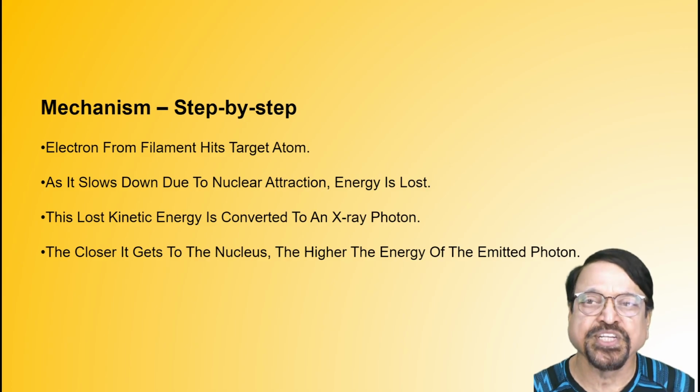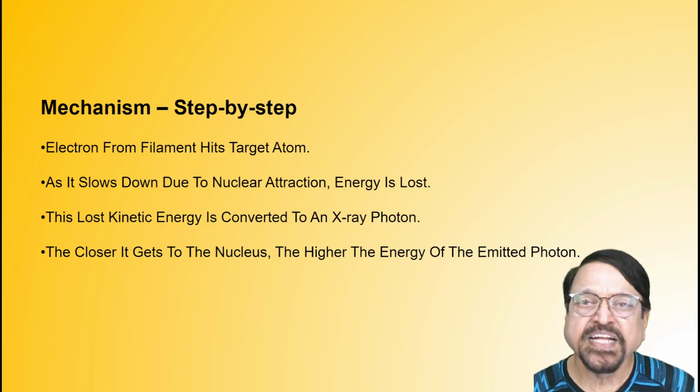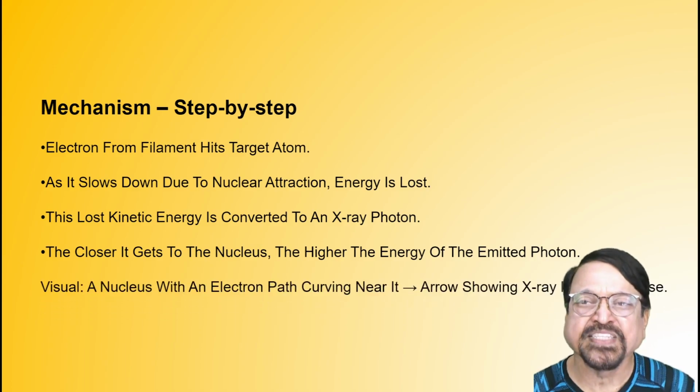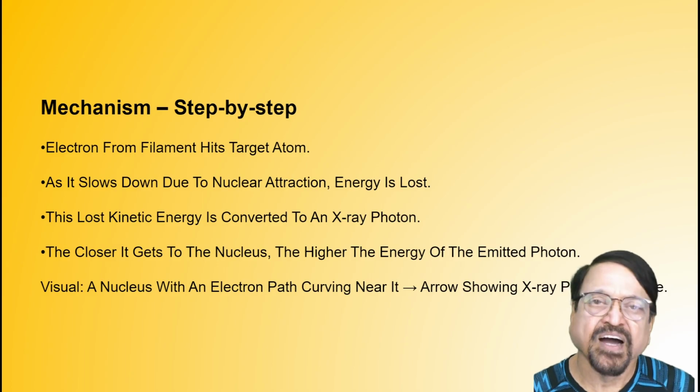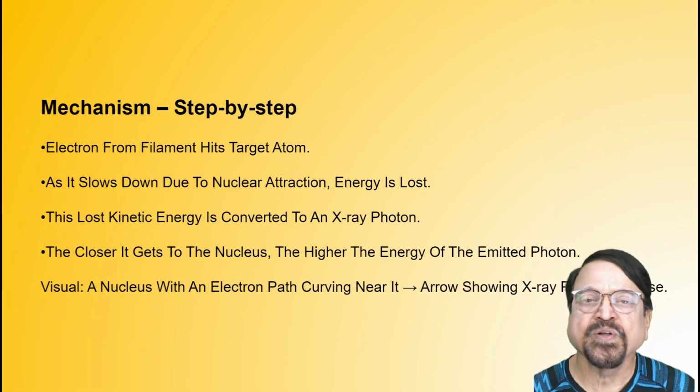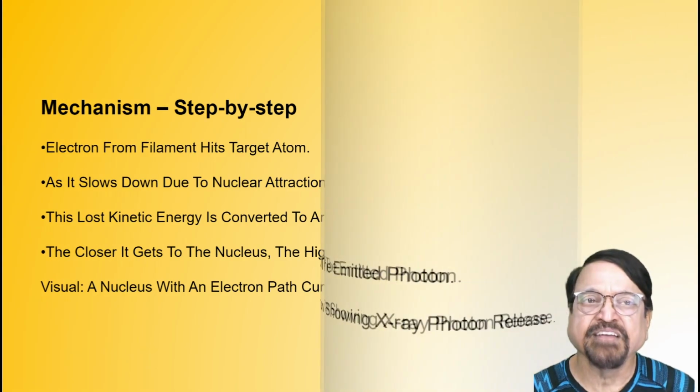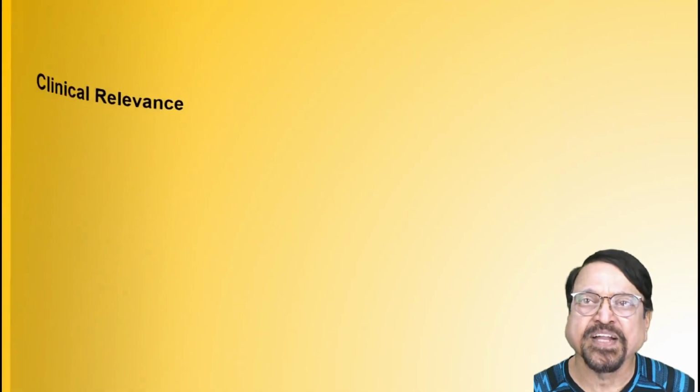That is the law of conservation. The closer it gets to the nucleus, the higher energy it emits. That is what we have seen. Now, what we are going to demonstrate very shortly is the nucleus with the electron path curving near it, then the arrow showing the X-ray photon being released. This we are going to see very shortly once we complete our theoretical discussions.